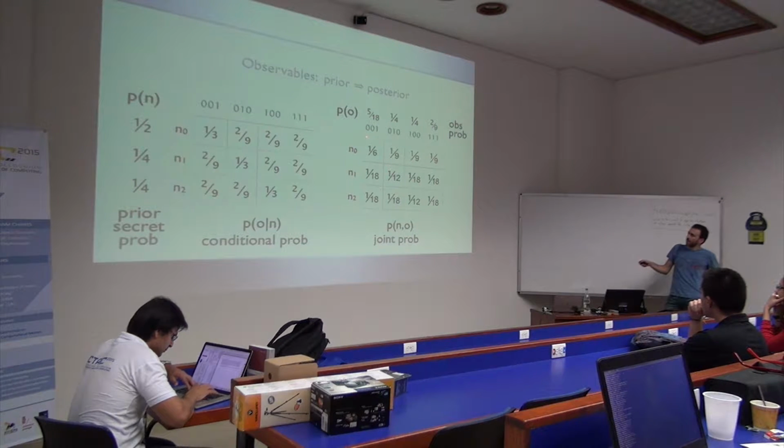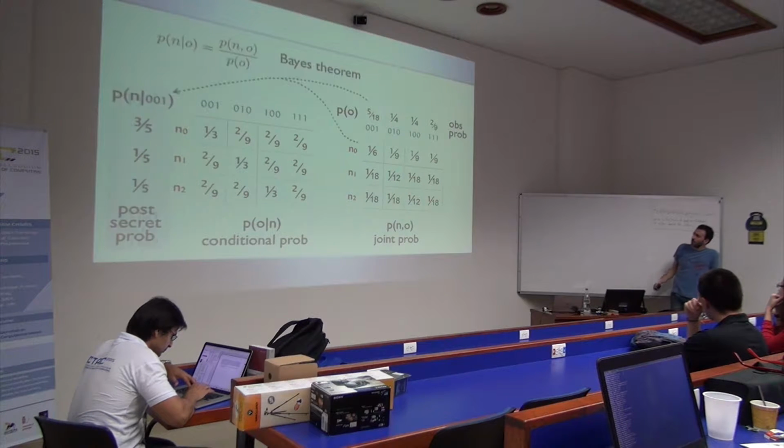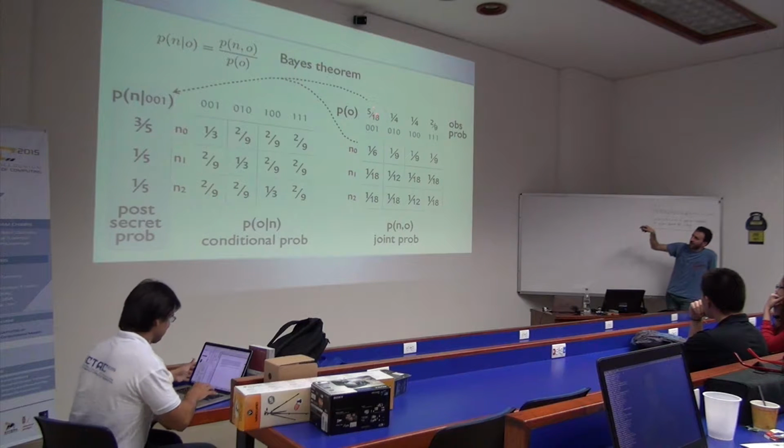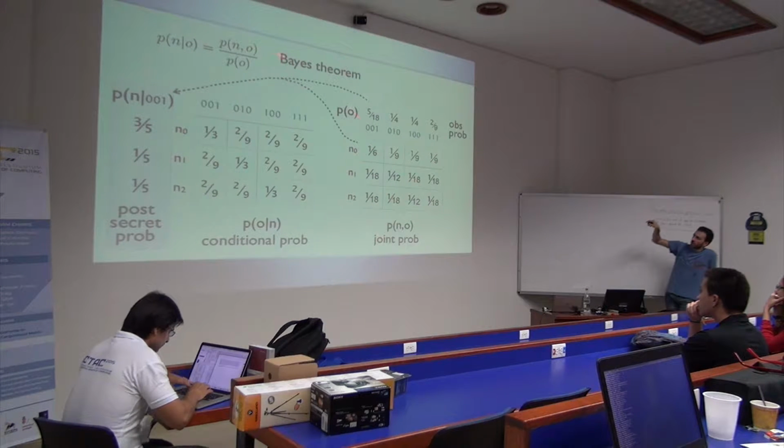So now I see that here 0, 0, 1 has this probability, 0, 1, 0 and 1, 0, 0 have 1/4, and 2 over 9 is the following one. And then the final step: by using Bayes' law, what I want is the posterior probability of every user given the observation.